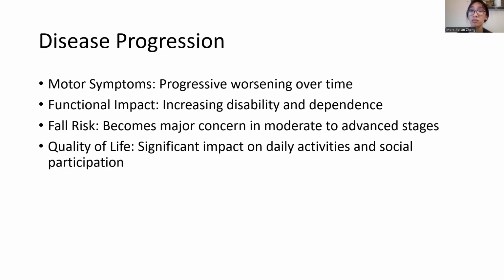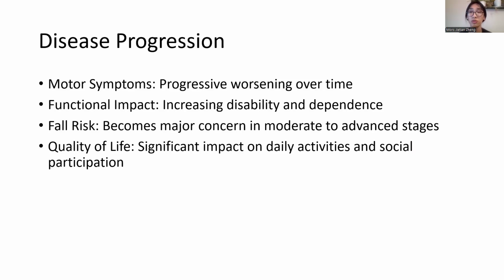Fall risk becomes a major concern in moderate to advanced stages. With the statistics we mentioned earlier showing that 70% of patients experience falls, the impact on quality of life is profound, affecting not just physical function, but also social participation, emotional well-being, and overall life satisfaction.